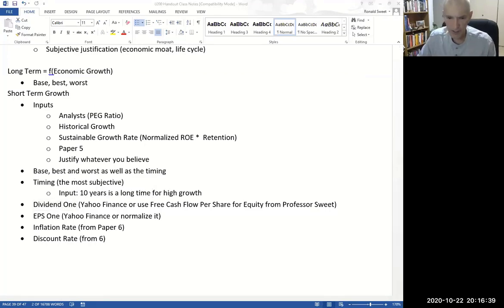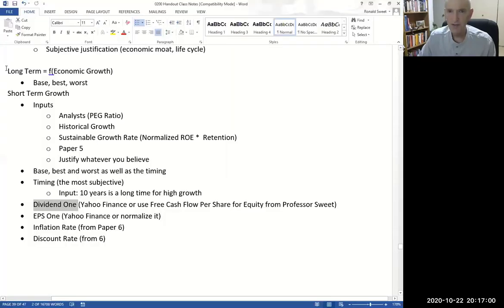I can't remember if I did or not. I've got dividends, so you might be able to back into it. But if your firm just stopped paying dividends for some reason, you could come up with a normalized dividend. But most of your firms won't have that issue at all.